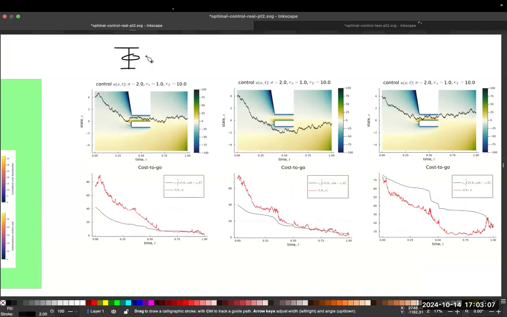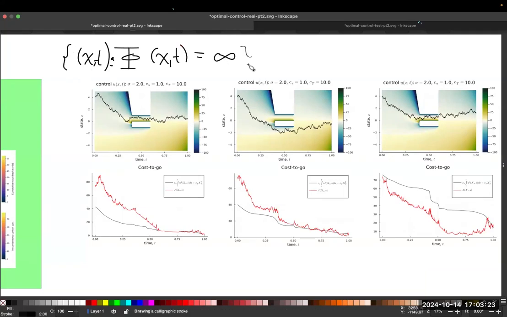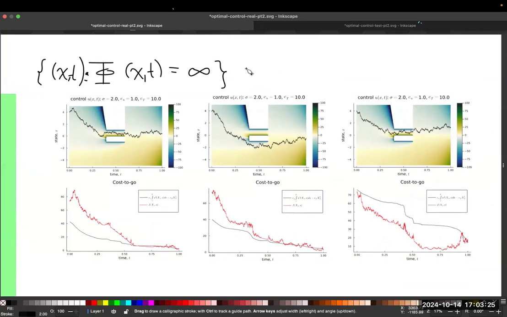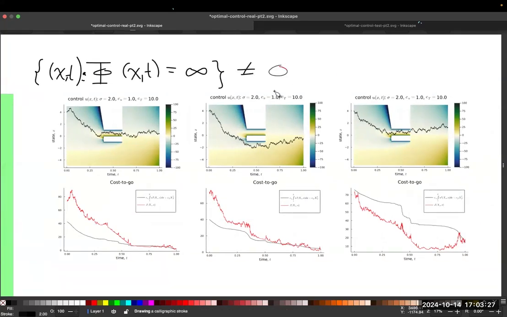So we have some phi, basically xt is equal to infinite, and this is not the empty set. And we're looking at zero side. Phi is our state dependent cost function.